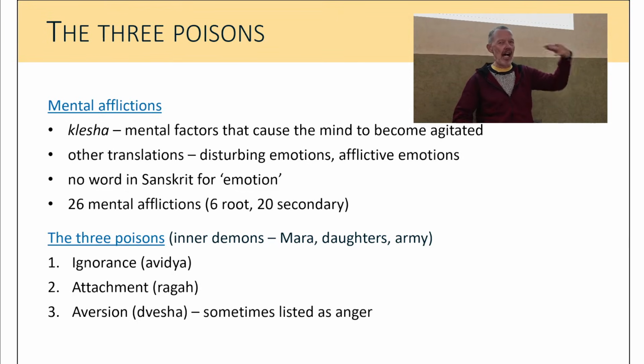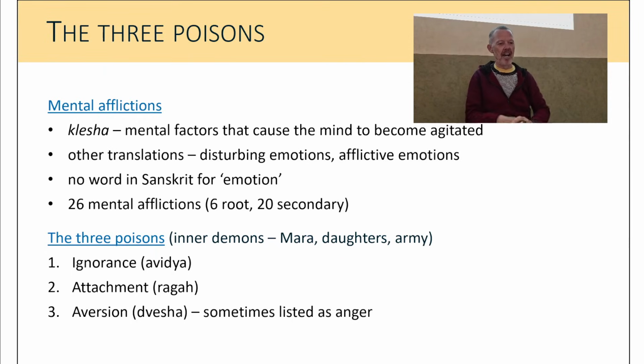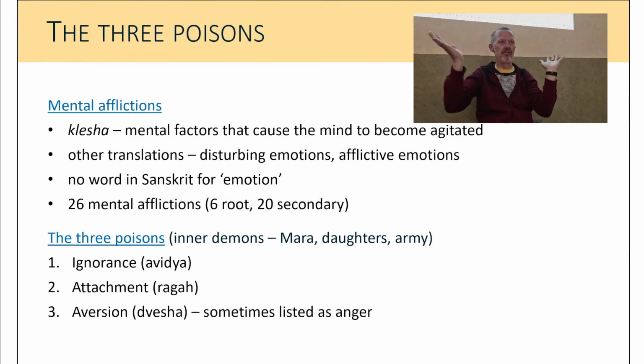And then he sent his army to attack him, and all the weapons turned into flowers, and that was a lost cause. And then Mara himself tried to convince Prince Siddhartha he was not doing the right thing, and he just didn't listen to that. And so then Mara just disappeared. And so what we can understand from that story is that Mara, the daughters, and the army are not real things out there, but they are three inner demons that Prince Siddhartha vanquished.